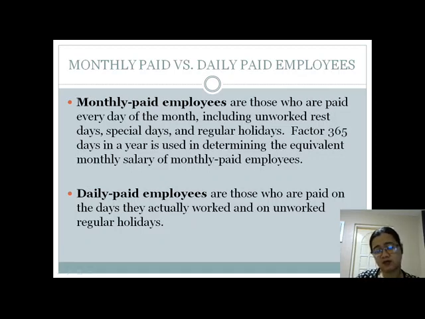So actually last meeting, we already started discussing the first major topic of our subject for this semester, which is the labor standards. When you say labor standards, that provides the minimum requirements or the benefits that an employer should give to their employees.